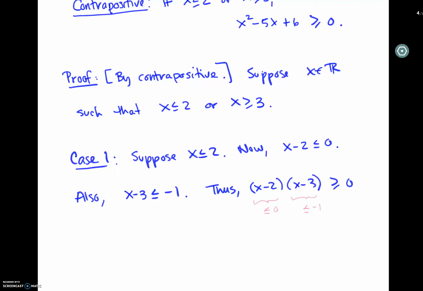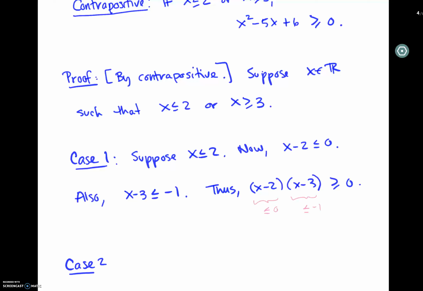So, in the worst case scenario, our first term is 0 times something that's negative, which would be equal to 0. If our first term is less than 0, it would be negative, and again, another negative, and we know that when we have two negatives, we get a positive. So, our statement holds.